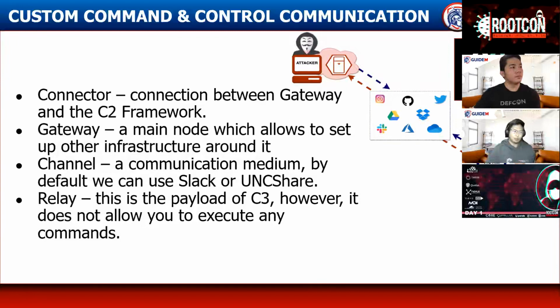By default, we can use Slack, UNC Share, OneDrive. We can also use G Drive and Dropbox as well. The channels are also developed by contributors, and there are out-of-the-box channels that we have used in this presentation as well.